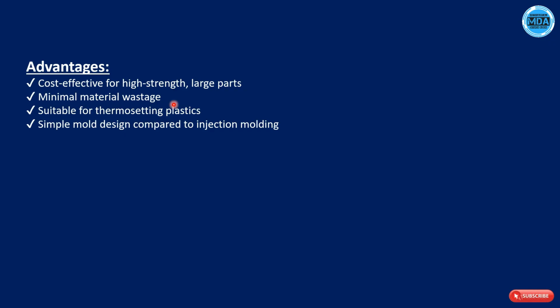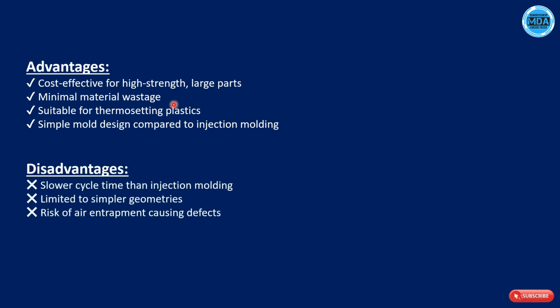It is suitable for thermosetting plastics also, and has a simple mold design compared to injection molding. Injection molding has different sections and a complicated structure, but this process is very simple and straightforward.